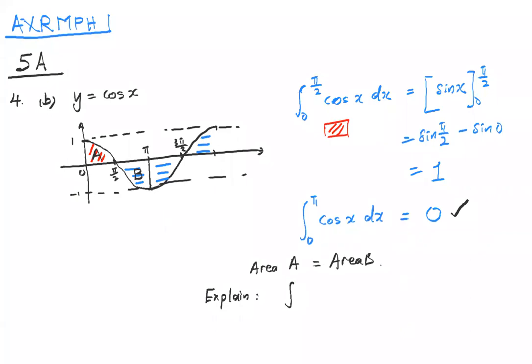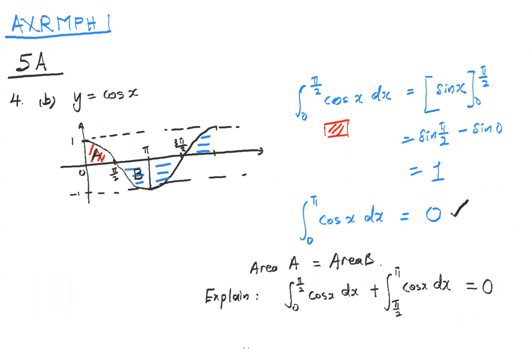I always start from the information given to me. I integrate 0 to pi. I can say integrate from 0 to pi by 2 plus integrate from pi by 2 to pi. Correct? This is equal to 0. Am I right? So as long as you have from 0 to pi, you must have this in mind when you talk about integration, the rules, right?